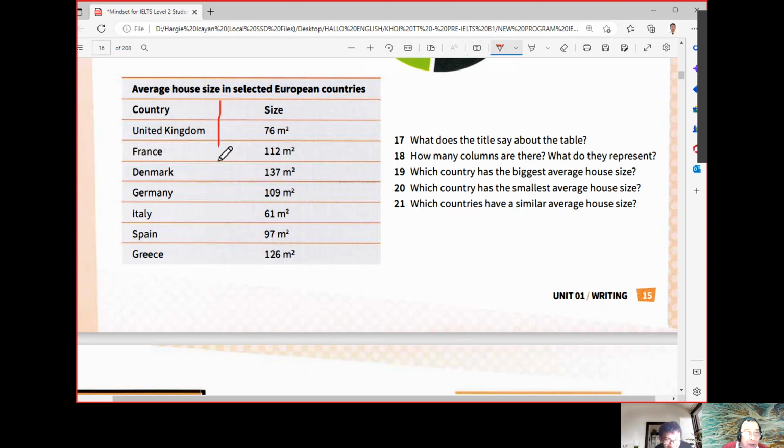So we have only 2 columns. And what do they represent? They are represented by country and the size. Next, which country has the biggest average house size?